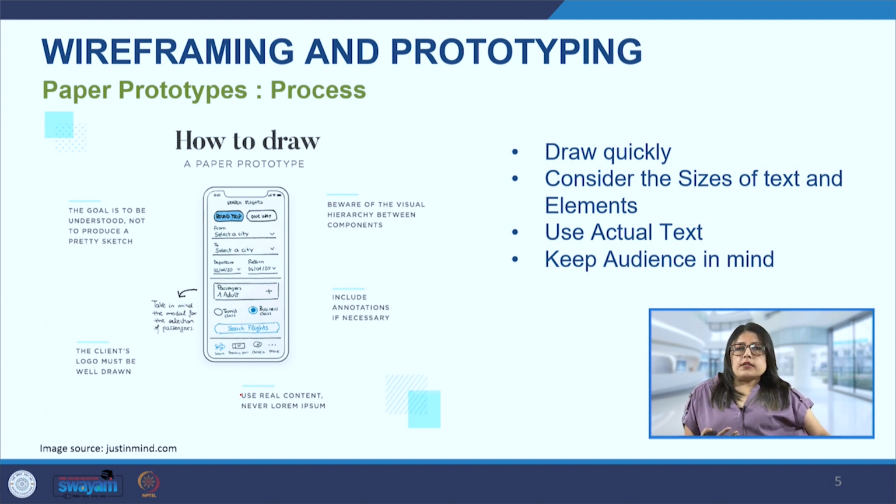So we want to just see the visibility aspect, that is the user able to read, is the user able to understand the information, do they recognize, say, the buttons that are probably present there, that what is the function of those buttons and so on. So that is the purpose of the prototype at this stage.